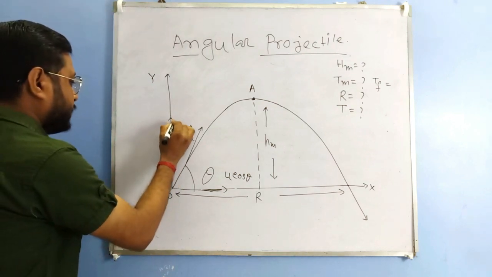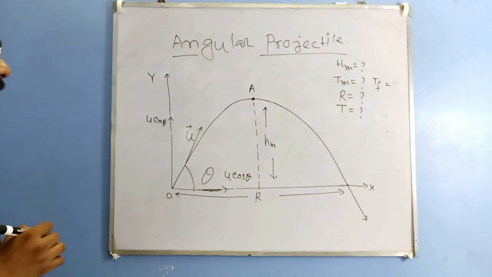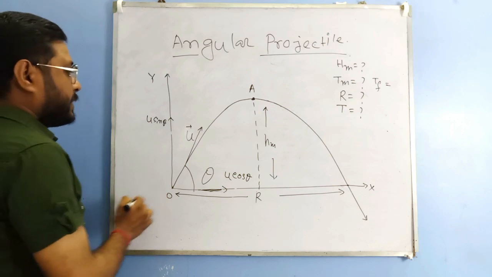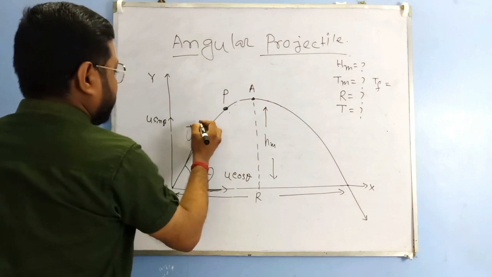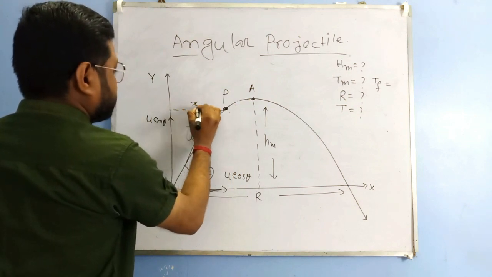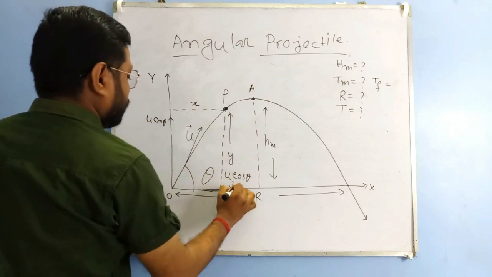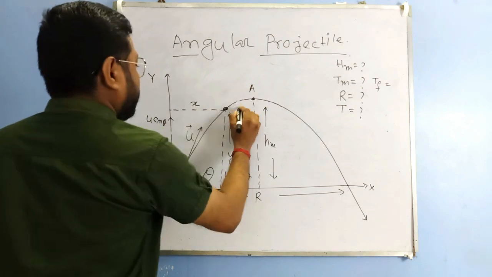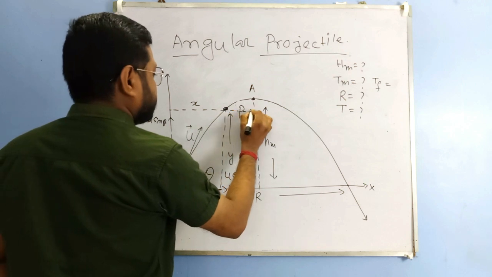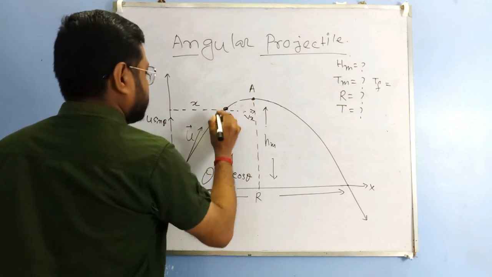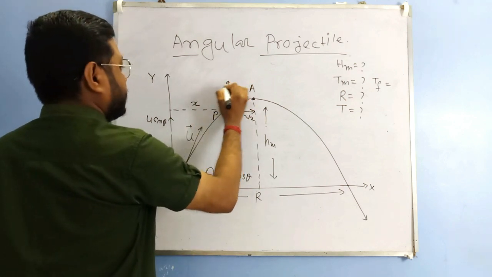The vertical component of velocity is u sin theta at point O. After some time t, it reaches point P, which is at a horizontal distance x and vertical distance y from the point of projection. Suppose at point P the horizontal velocity is Vx and the vertical velocity is Vy.